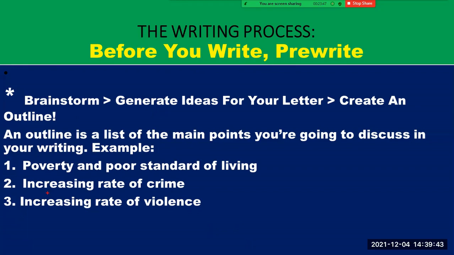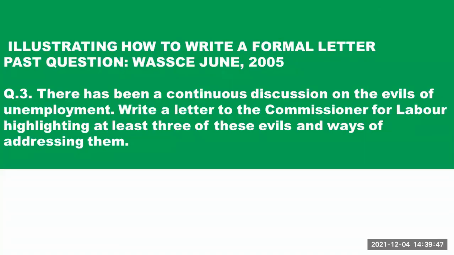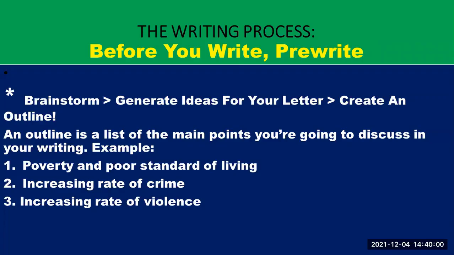For example, let's look at the question again. There has been a continual discussion on the evils of unemployment. Write a letter to the Commissioner for Labor, highlighting at least 3 of these evils and ways of addressing them.